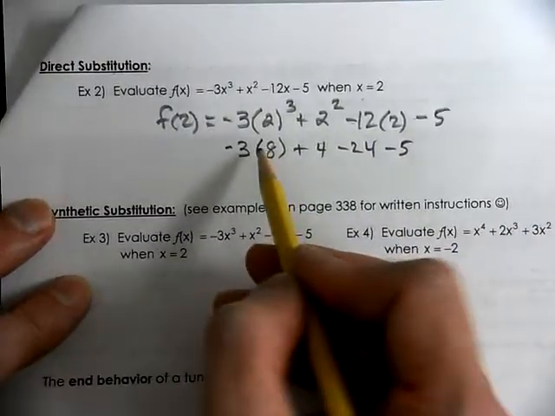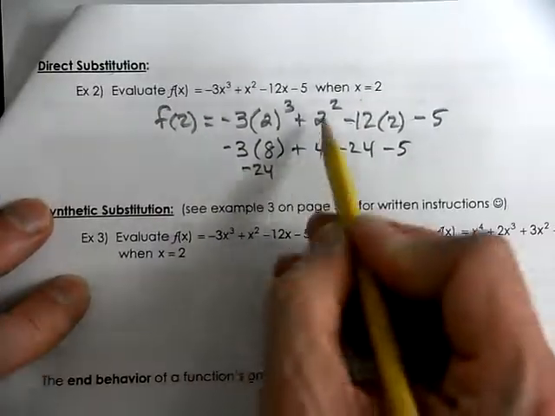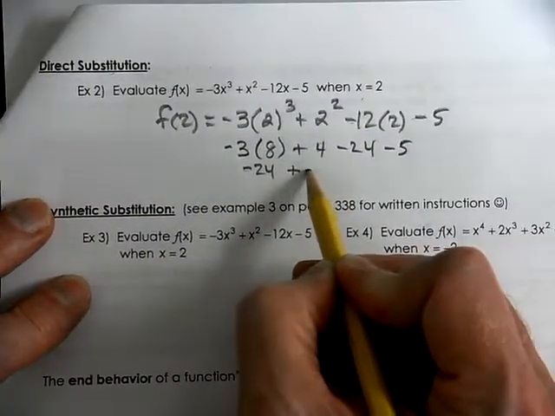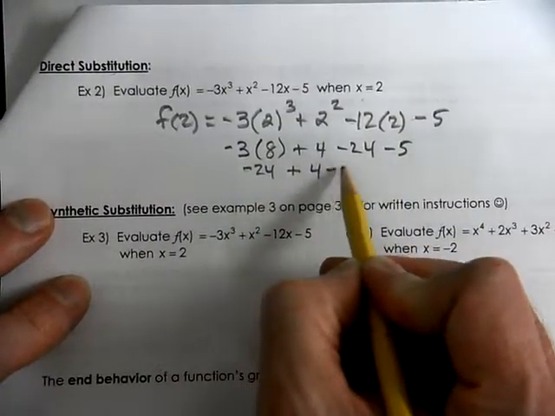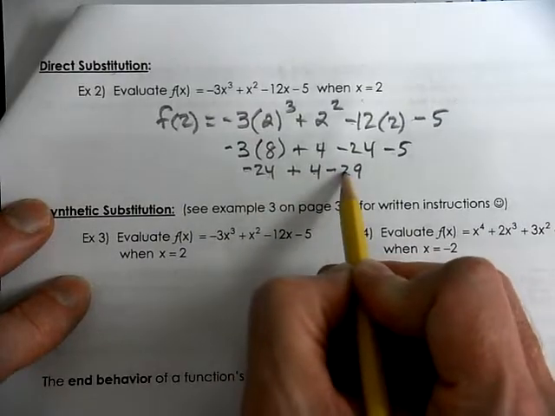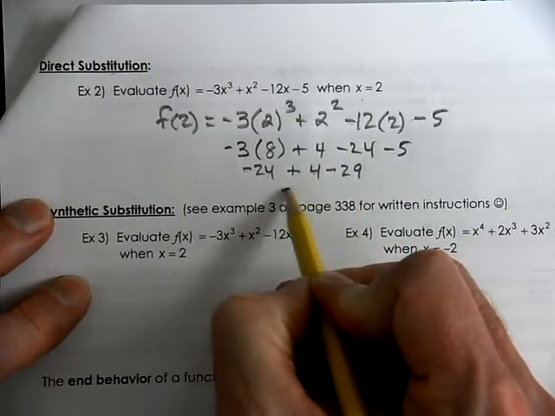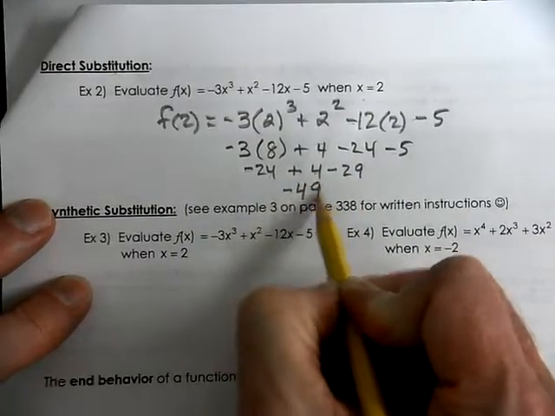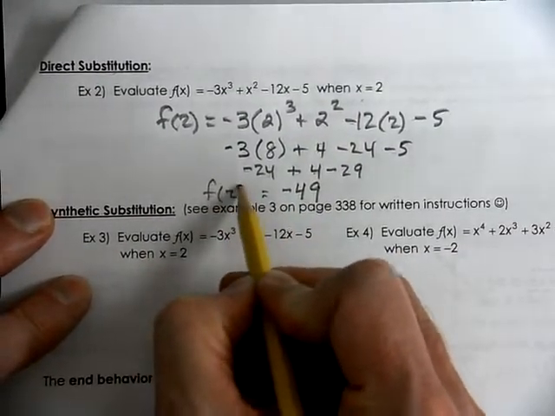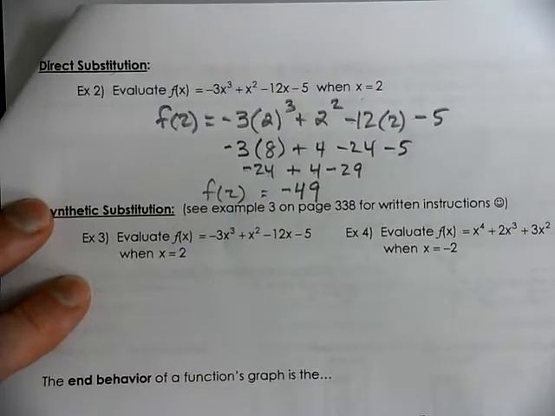Then we multiply to get negative 24 plus 4. This would be negative 29. So this would be negative 20, and negative 29 gives us negative 49. So f of 2 is negative 49.